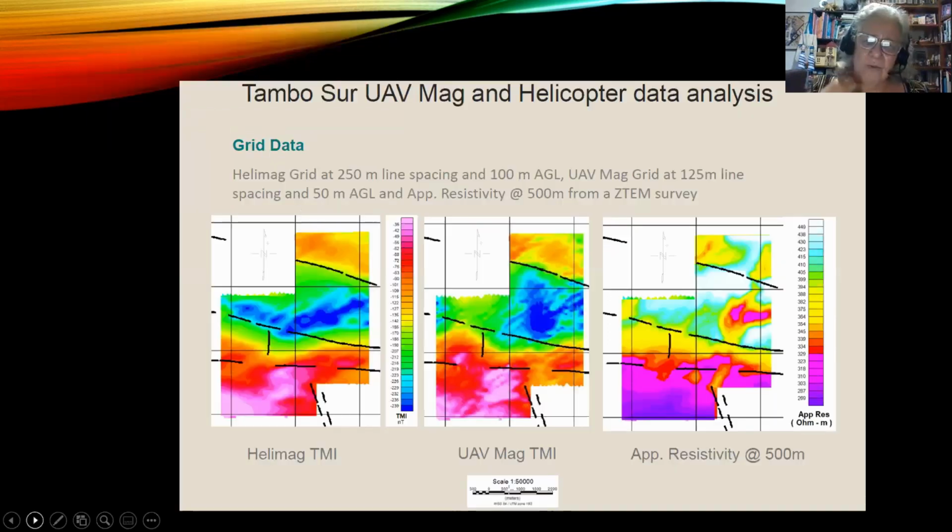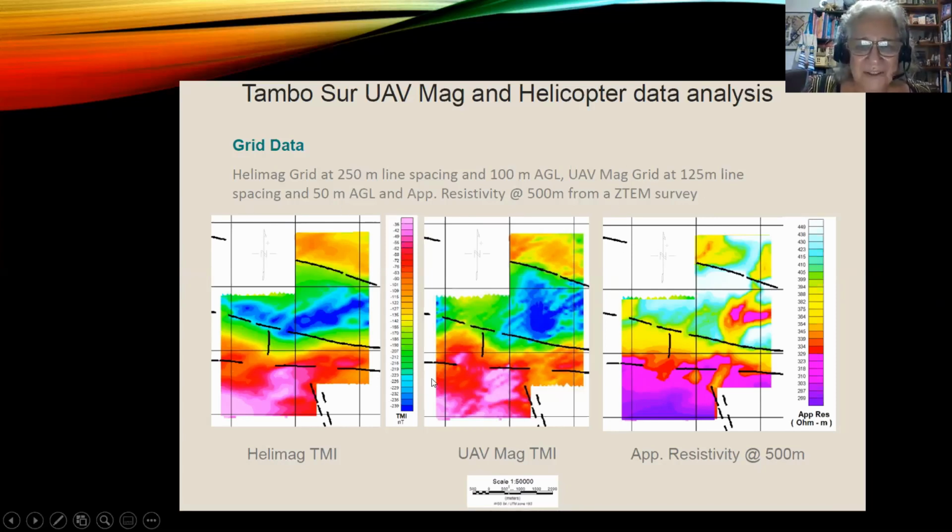This is work that we presented at the conference, looking into our work that was last month in Chile, and was a comparison between a helimag and a UAV survey over the same area. This work was done together with Carlos Cifuentes from Vale Andina, and Jose Arce from Arce Geophysicists.